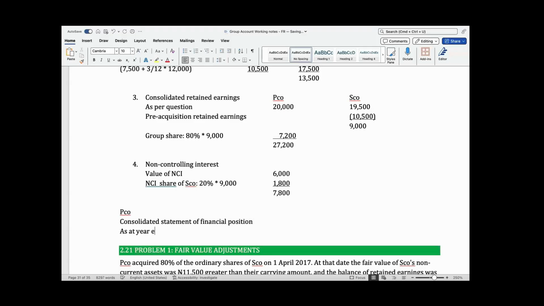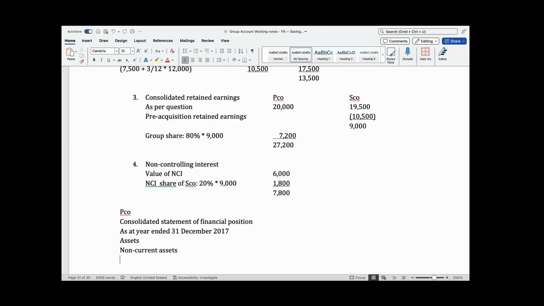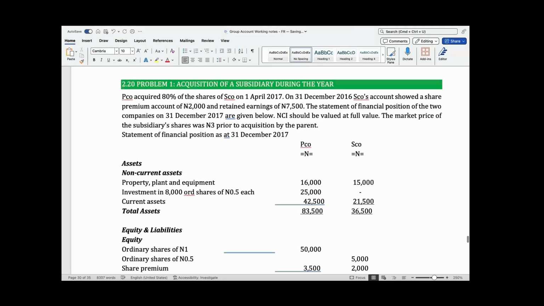As a twin? What's the first item here? PPE.